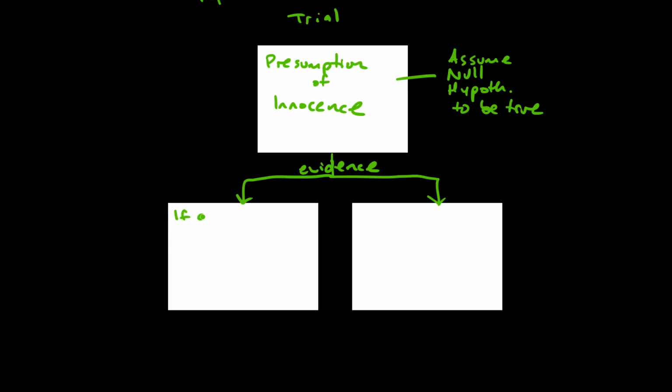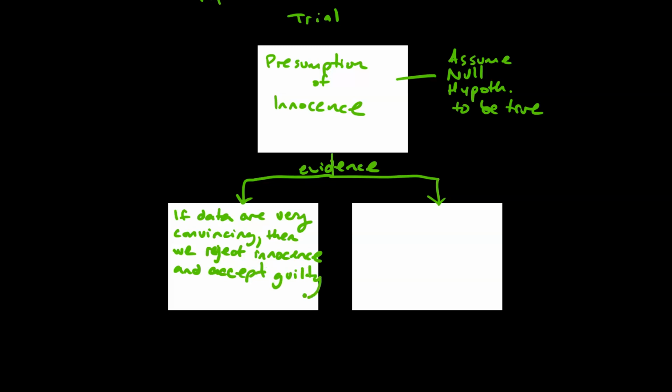So let's say this: if the data are very convincing, if the evidence is very convincing, then we reject the person's innocence, reject innocence and accept that person's guilt. Okay?